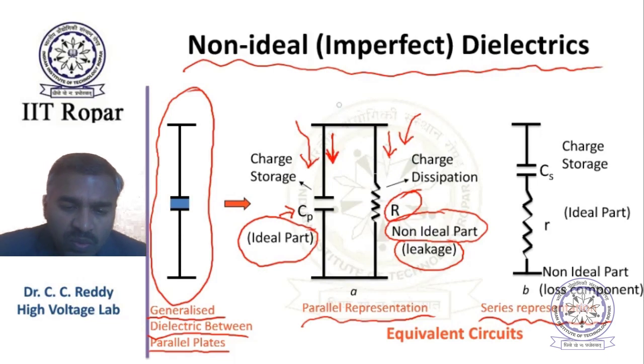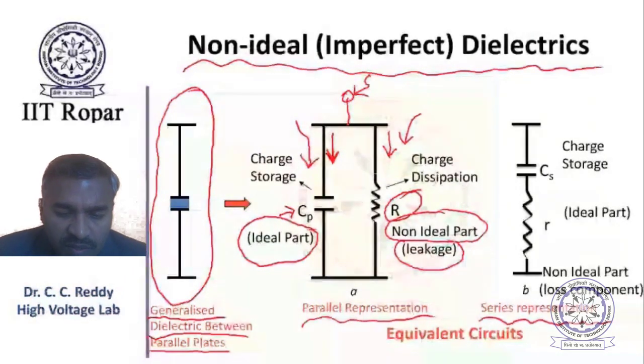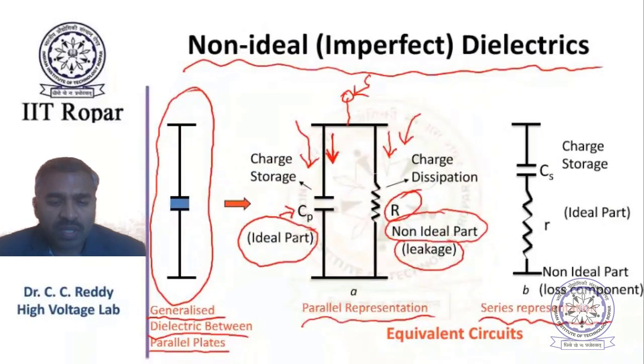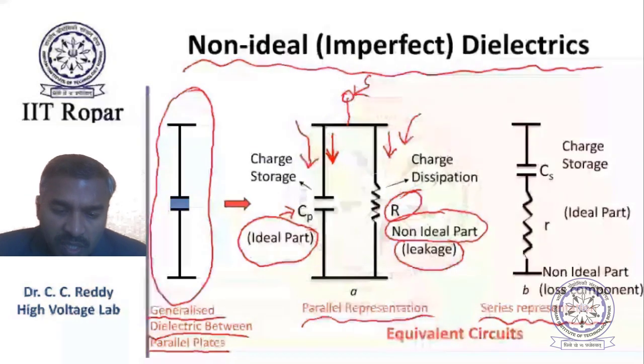So this is how the lossy dielectric or lossy power equipment can be represented by two components, one capacitor and another resistor, while the capacitor is the ideal part and the resistor is the non-ideal part. Similarly, this is the parallel combination.